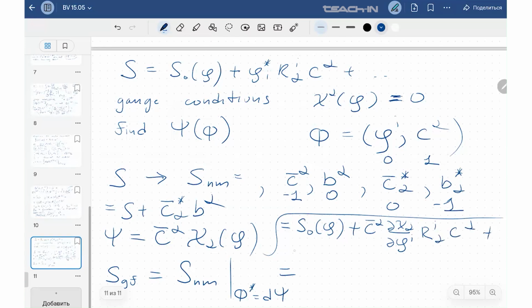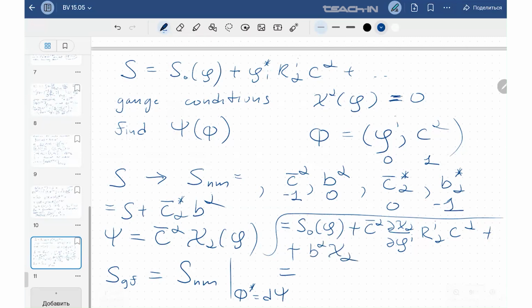So this is the first term. And then another contribution could come from the non-minimal term, where we have C bar star alpha, which is d psi over d C bar. So what we get here is just B alpha chi alpha.